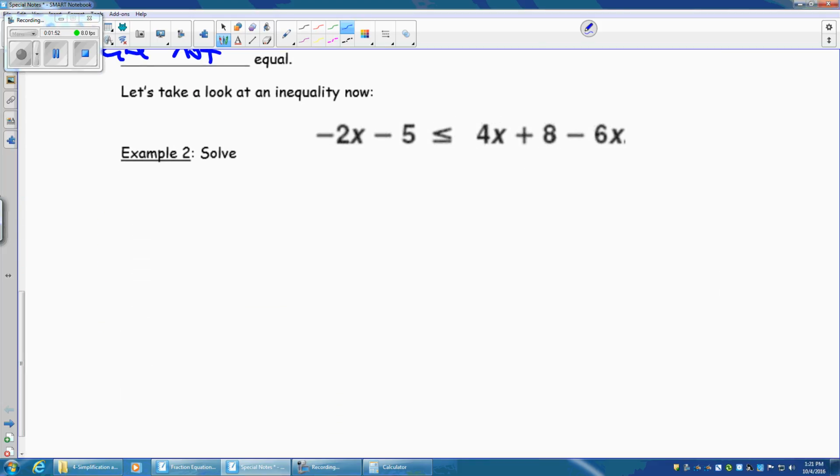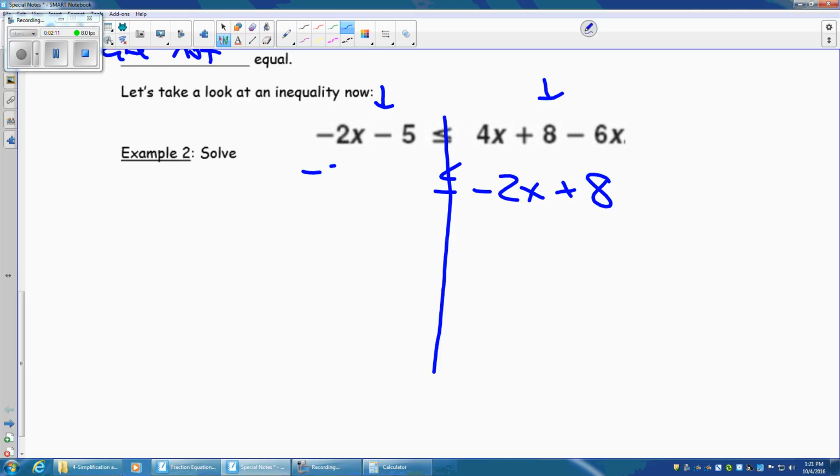So again, we've been solving inequalities the last couple days. We know that the first thing we need to do is simplify on both sides. I can't simplify it all over here. Those two aren't like terms. But on the right side, I can put those negative 6x's and those 4x's together to get negative 2x plus 8. And then the other side is just negative 2x minus 5.